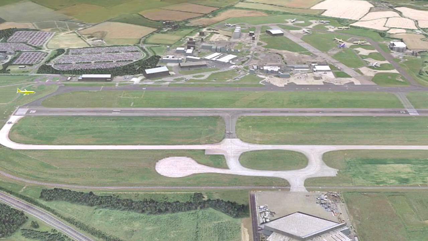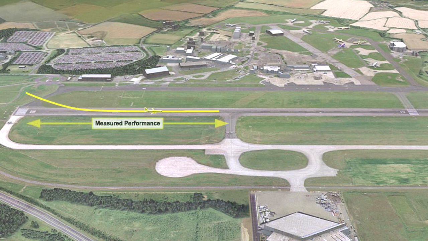To help understand the difference between measured and gross performance, we will use an illustration involving an aeroplane landing. Shown on screen is a representation of a landing using the measured performance values, which, if you recall, is flown by a test pilot in a new aeroplane. However, we mentioned earlier that this was unrealistic.